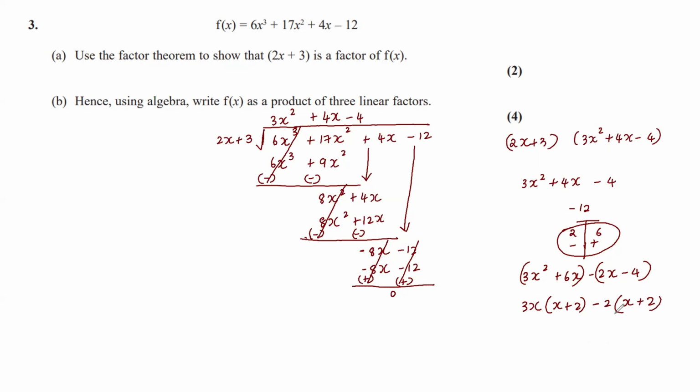If the things inside the brackets are both the same, it means our working is correct. So this will be x plus 2 into 3x minus 2. And we can bring this 2x plus 3 also, which makes it a product of three linear factors: 2x plus 3 into x plus 2 into 3x minus 2.